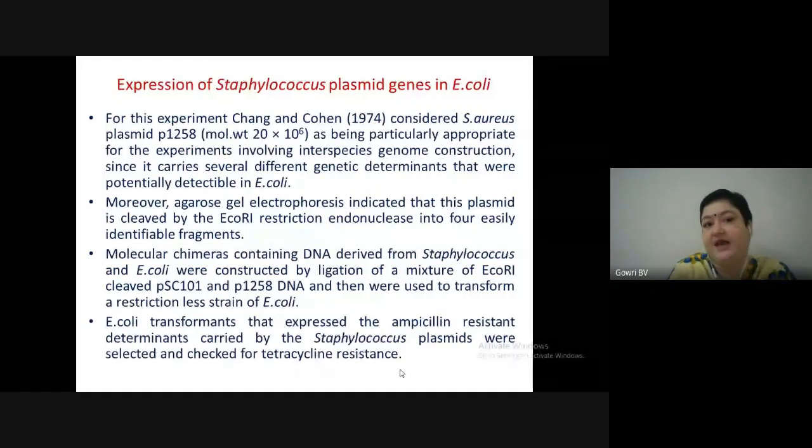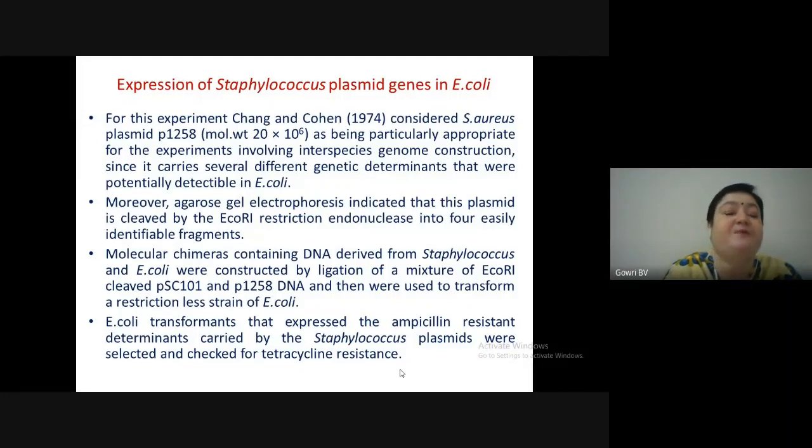So I repeat this slide. For this experiment, Chang and Cohen in 1974 considered Staphylococcus aureus plasmid P1258 particularly appropriate for interspecies genome construction, since it carries several genetic determinants potentially detectable in Escherichia coli. Agarose gel electrophoresis indicated that this plasmid is cleaved by EcoR1 into 4 identifiable fragments.